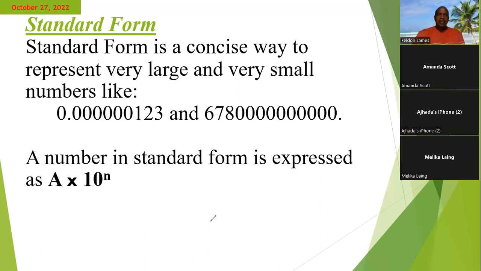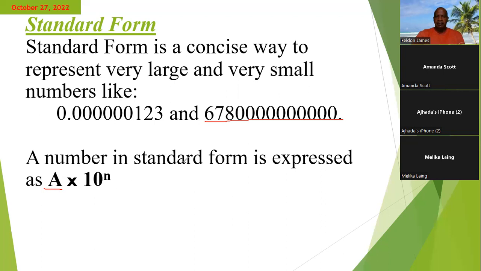All right, so the first thing when you're writing a number in standard form, all you need to do is to determine a value for A from that number, and then determine a value for N. Once you find a value for A, wherever A is in this form, you're going to replace A with that value.